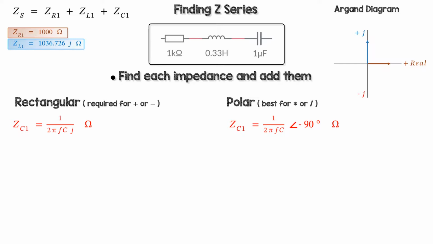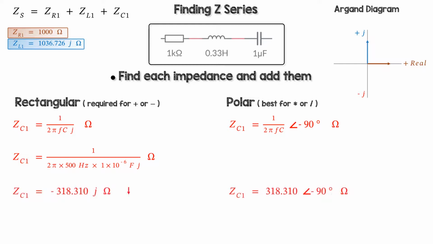And this is purely imaginary in an ideal capacitor, so it has no real part, and it lives at minus 90 degrees to the x-axis, or negative J, or pointing south. Notice that the negative 318 J ohms is equivalent to positive 318 ohms at minus 90 degrees, or pointing south.